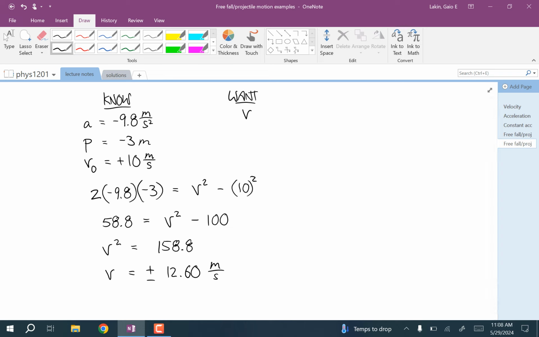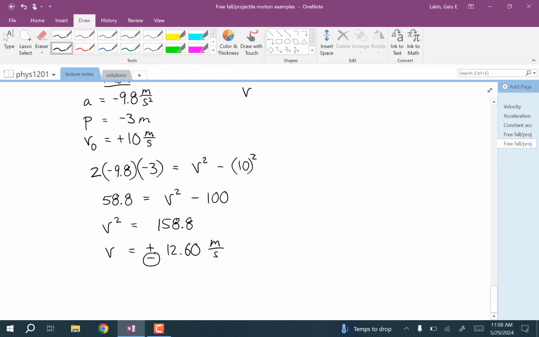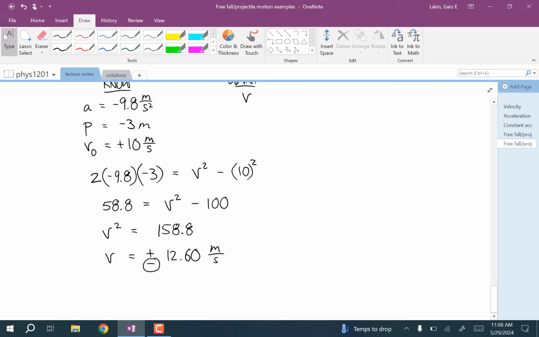So it's moving in the negative direction, and so we want the negative. And it makes sense that the speed would be a little bit higher than the speed from part B, because it reaches that height of 3 meters, and then it continues speeding up on its way down until it reaches the ground level.